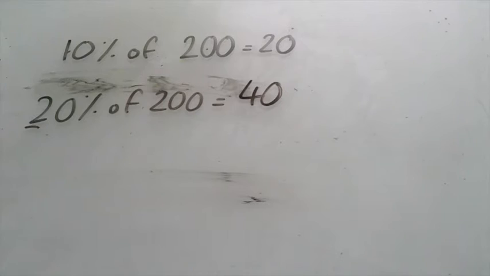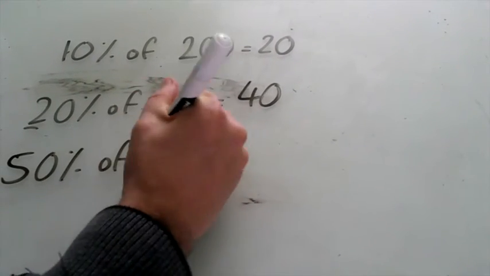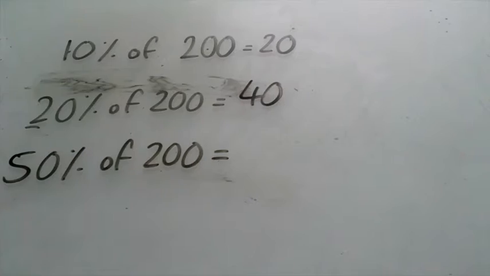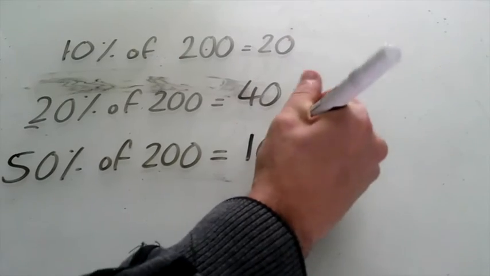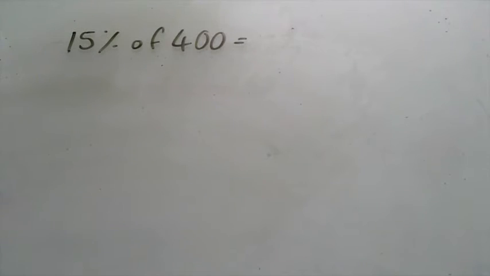So can you see, if I said let's find 50% of 200, there are two ways you can do this as well. Because you can either halve 200, because you're finding 50%, or you can find 10% and times it by 5.